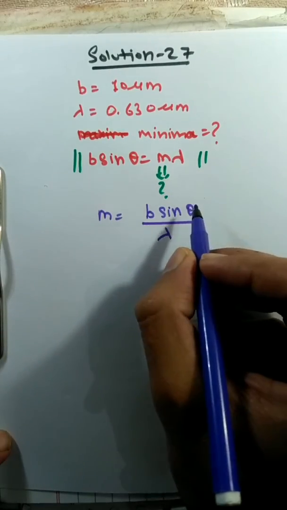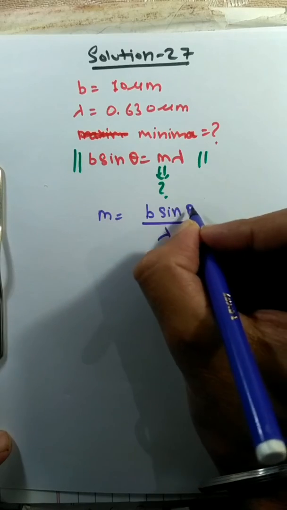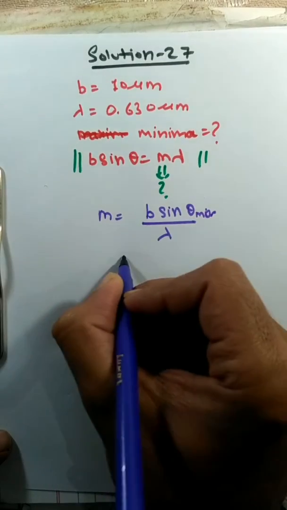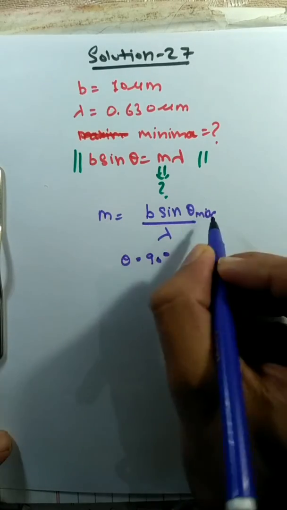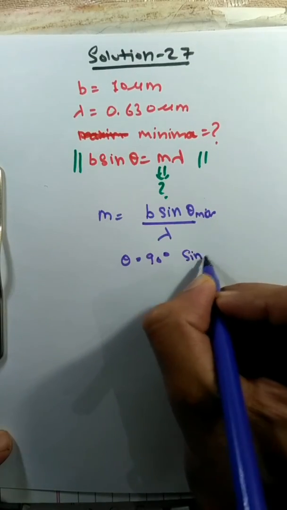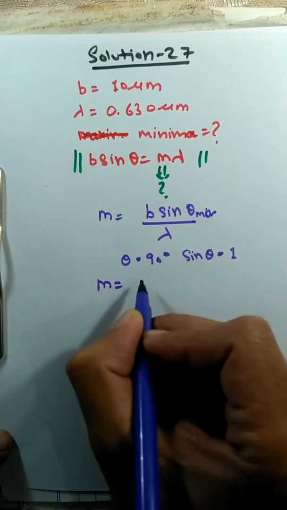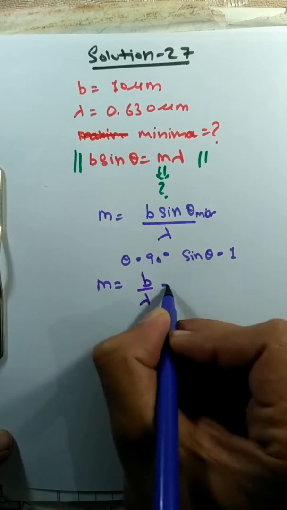And since we have to find the maximum number of minima, theta will be maximum, that is 90 degrees, and for that the value of sin theta will be 1, and we get the expression of m as b over lambda.